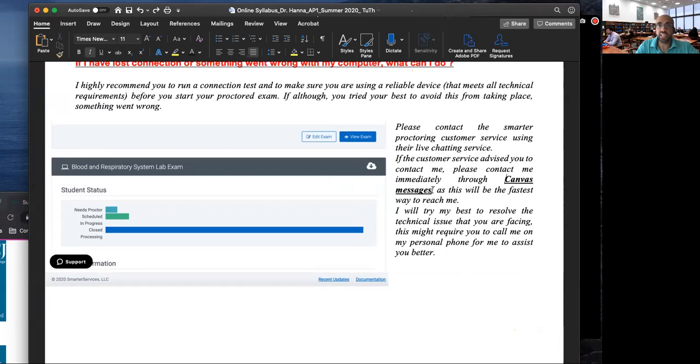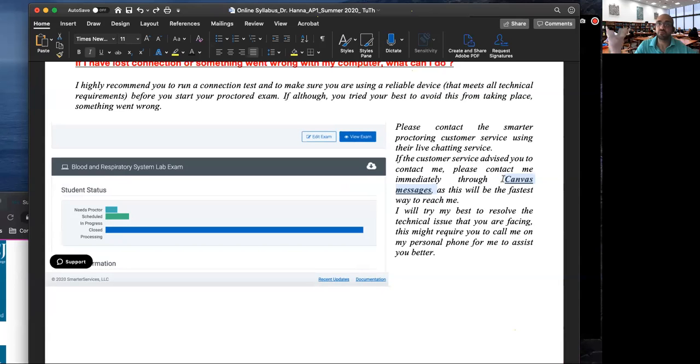This is something that I get notified immediately whenever I receive any new message on Canvas. So it's going to be easier for me to reply to Canvas messages rather than emails. So if you want to contact me, the best contact way is through Canvas messages, not by email. Emails, I check them on a regular basis, but it's not going to be focused on just the courses that I have.